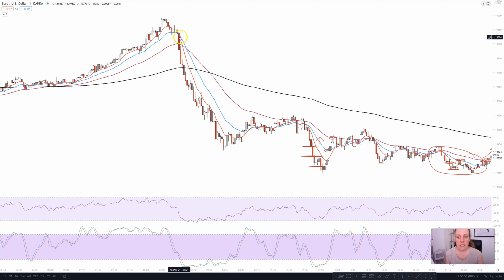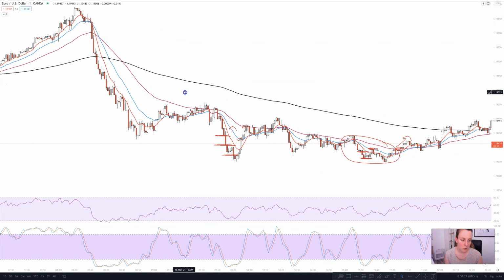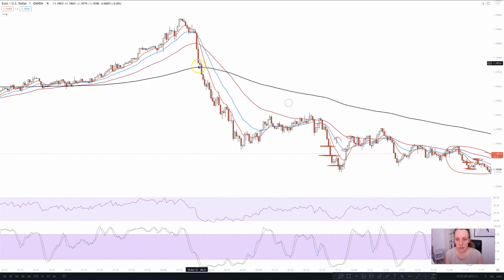So when you see that the EMAs form parallel lines going to the upside or the downside, and here it goes to the downside and goes parallel, the trend is aggressive when these 4 lines are formed parallel to the downside or the upside. It's something you need experience with to see where you are.